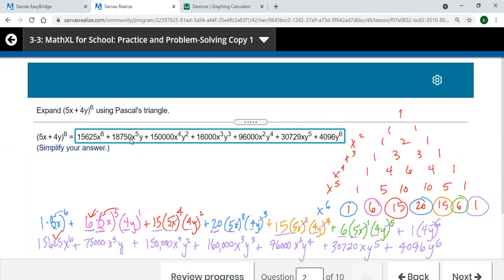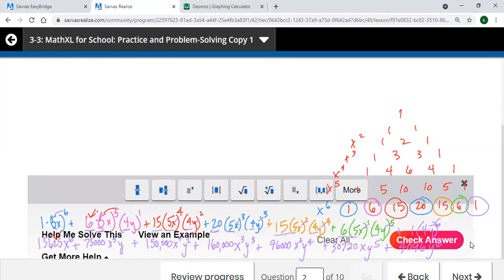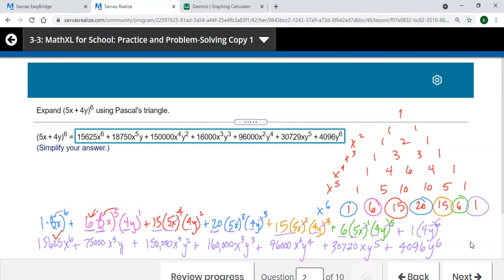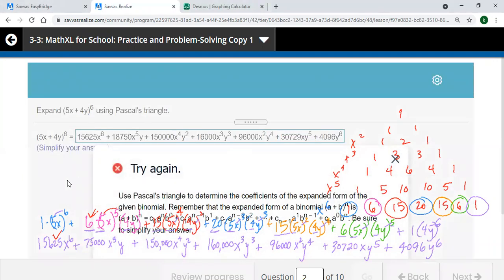Let me check the next one while I'm here. The 15 times 5 to the 4th times 4 to the 2nd. 150,000. I don't think, is this my final check? Nope, let's just hit enter and see if that one mistake was it. Nope.